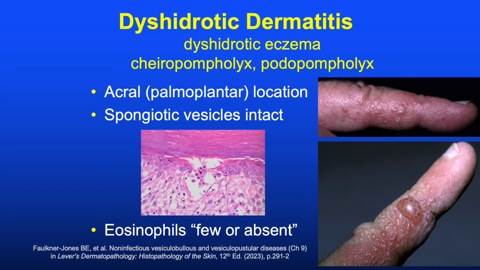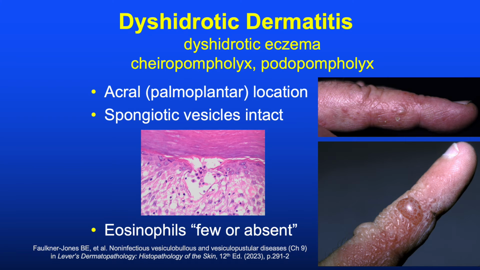Now, who would want to biopsy the finger? So this is, again, very rarely biopsied, but we do tend to see spongiotic vesicles intact on dyshidrotic dermatitis for the reason I mentioned. And for what it's worth, anecdotally, I feel like I never see eosinophils in dyshidrotic dermatitis. I'm not aware of any quantitative studies that demonstrate this, but I typically see no eosinophils in cases that seem to be clinically confirmed dyshidrosis.